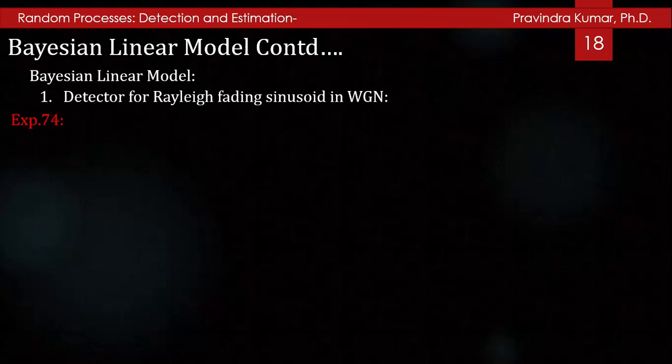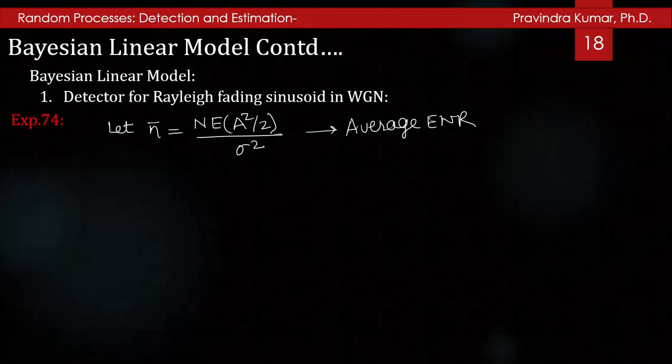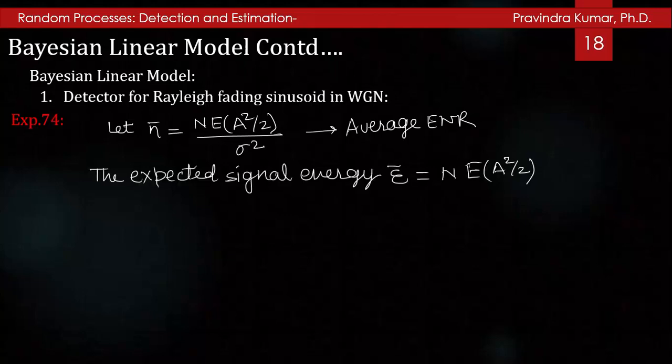Now to relate PF and PD, probability of false alarm and probability of detection, let eta bar be equal to N times the expected value of A square by 2 divided by sigma square. This is the average energy to noise ratio, and the expected signal energy will be N times the expected value of A square by 2, or you can say N sigma s square.